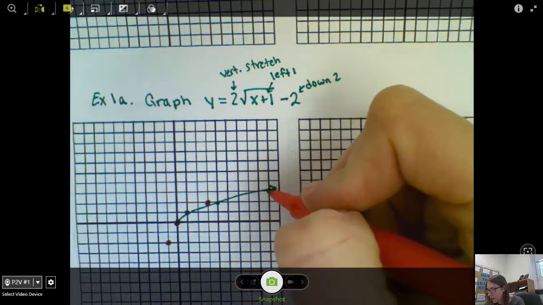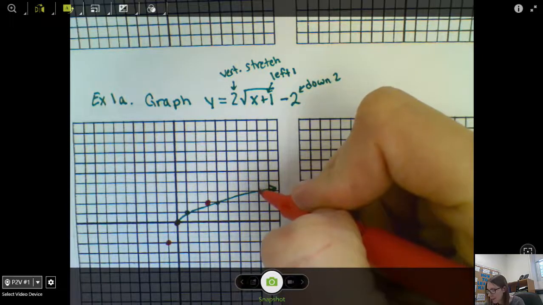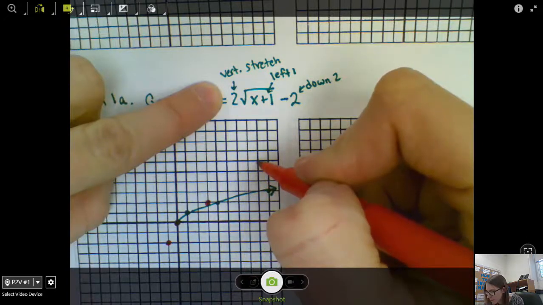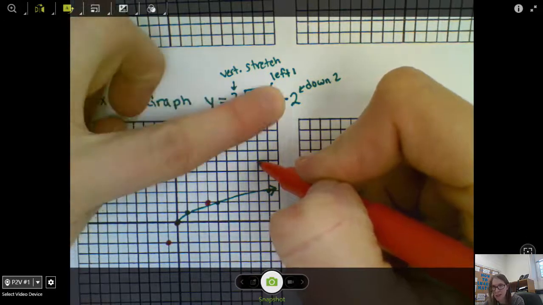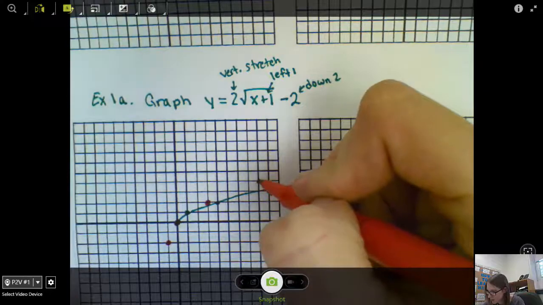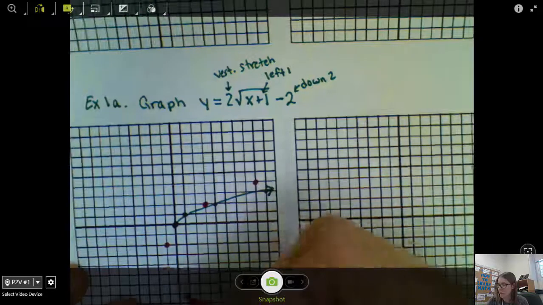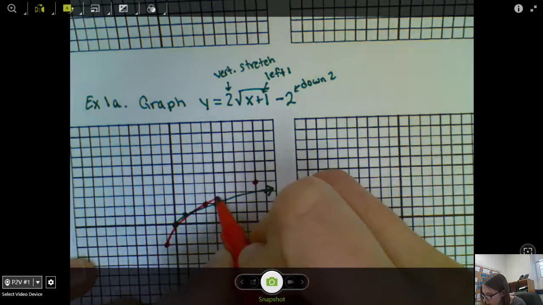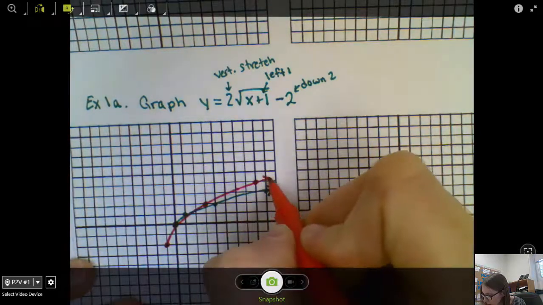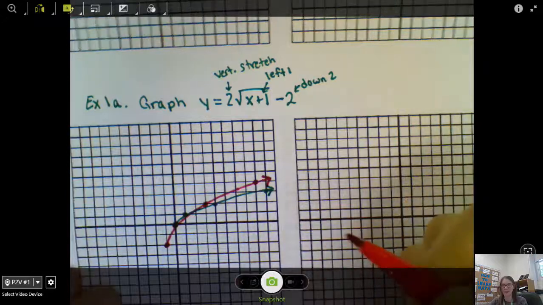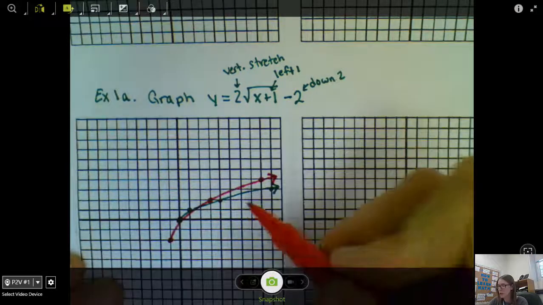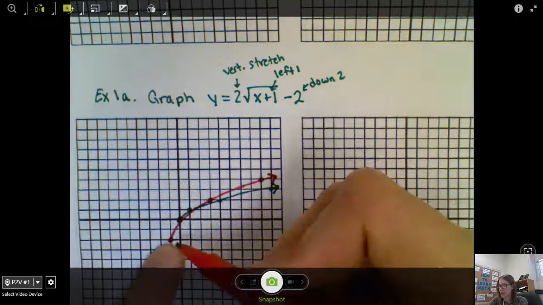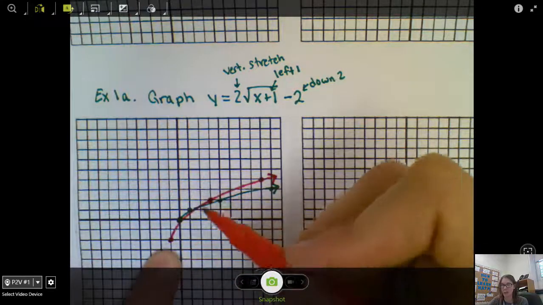And my last point here, go left 1, my y value is 3, but take that times 2, brings me up to 6, down 2. After all of these transformations, my function looks like this. So even though we moved left, we moved down, or had that vertical stretch, hopefully you can see that shape, it's really stretched out.